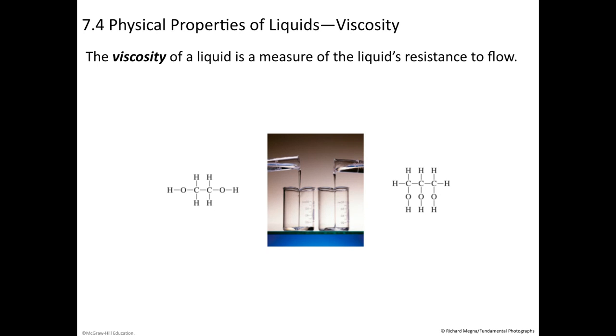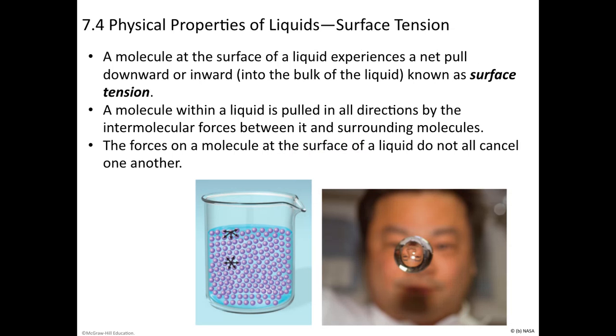As it turns out, the stronger the intermolecular forces, the more viscosity there is in a liquid. All of this is connected to intermolecular forces that we talked about in the last chapter. So again, viscosity measures a liquid's resistance to flow, and stronger intermolecular forces usually mean higher viscosity, less flow.